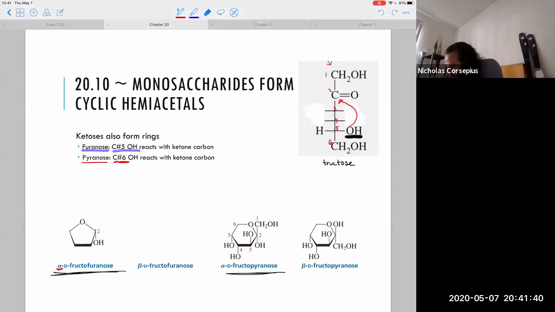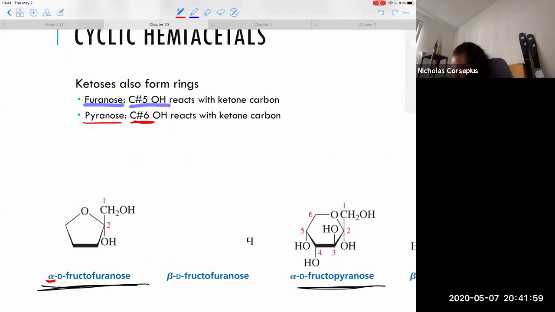And because this is a ketose, I still got this other CH2OH group to worry about that's on my anomeric carbon, right? So if my OH group is pointed down, that means that guy's got to be pointed up. Okay, so sort of step 1. So now 2, 3, 4, 5.